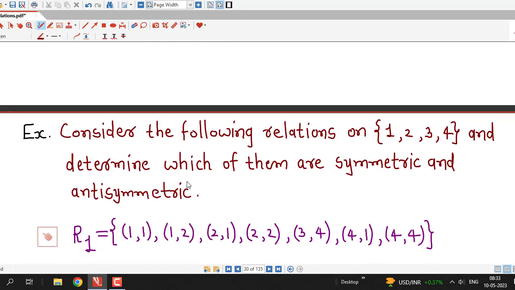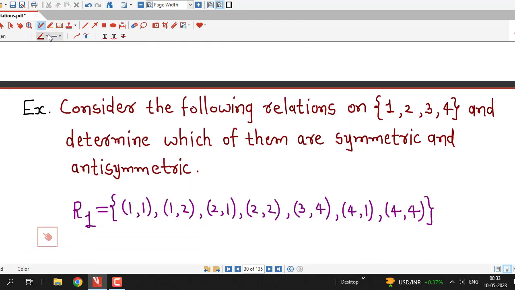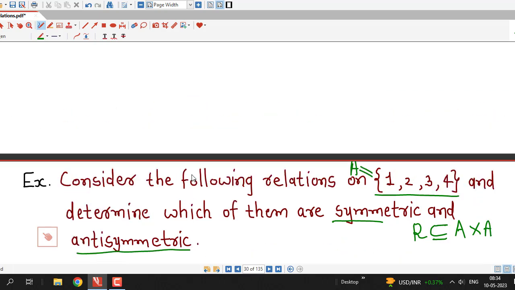So here I have taken this set having 4 elements 1, 2, 3, 4, and I have taken some subsets of A cross A. If I denote this by set A, then I have taken relations on A, that is I have taken subsets of A cross A, and we will check whether they are symmetric as well as whether they are antisymmetric or not.